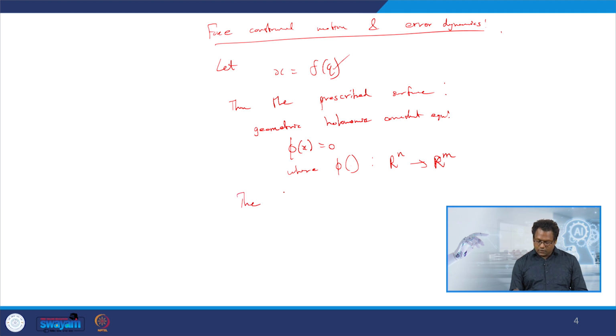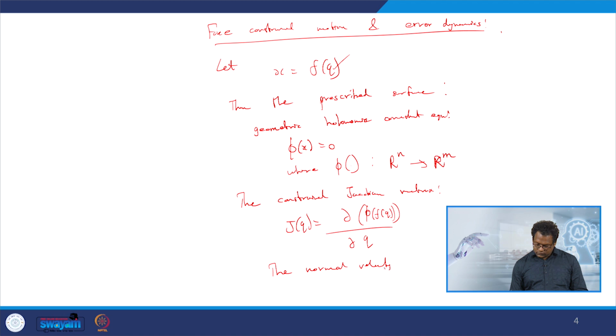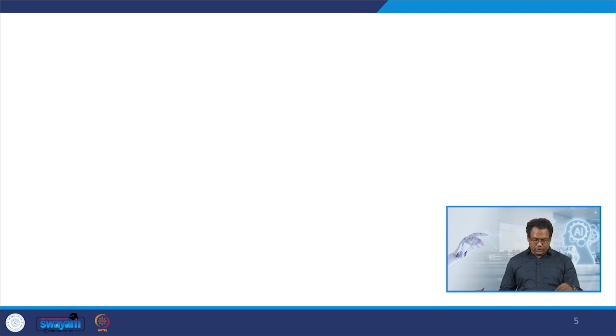Now, the constrained Jacobian matrix is given by J of q equal to dou phi of f of q by dou q, and we must note that the normal velocity is given by J of q into q dot, that is equal to 0 due to the prescribed motion of the robot arm.